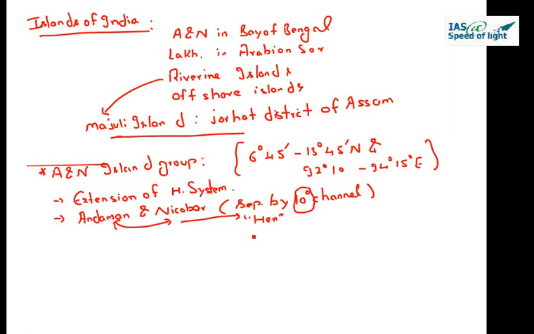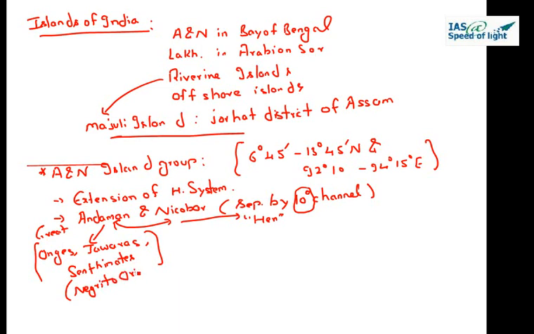Now these particular islands were the home of aboriginal tribes. So for Andaman, we can write: Onges, Jarawas, Sentinelese. These were the tribes of Andaman, the Great Andamanese, which are of Negrito origin.